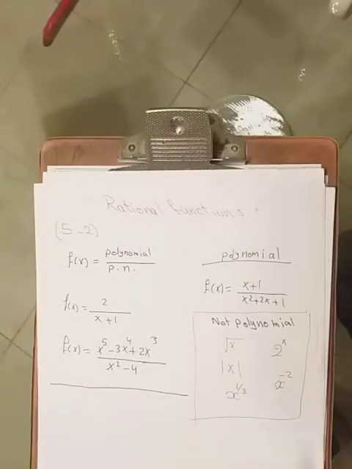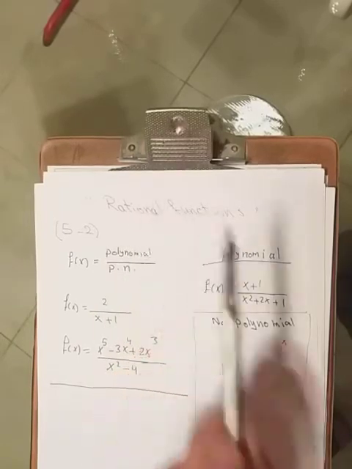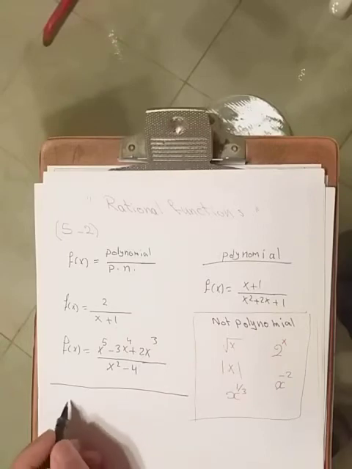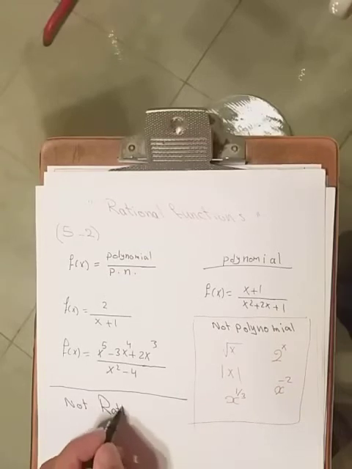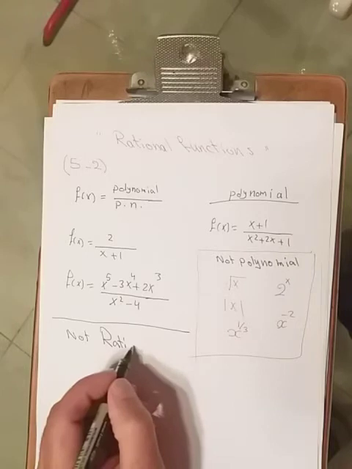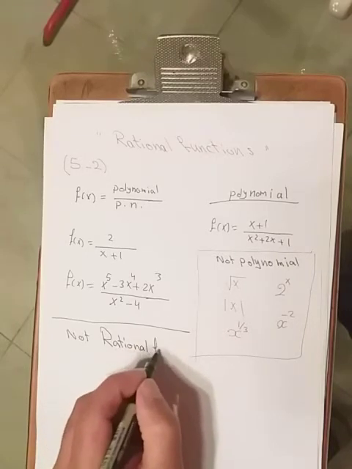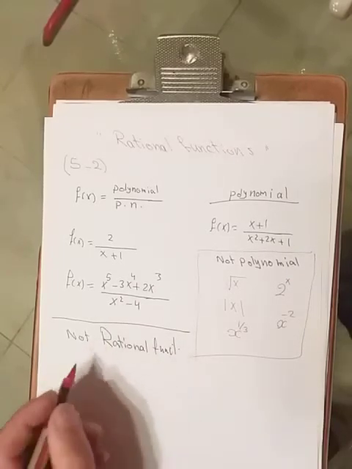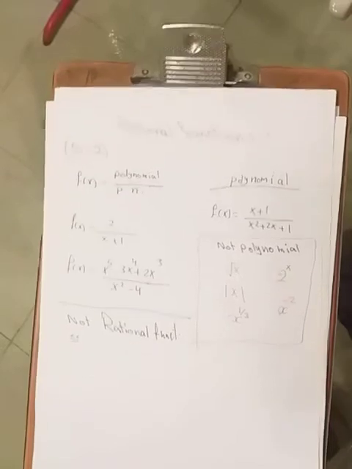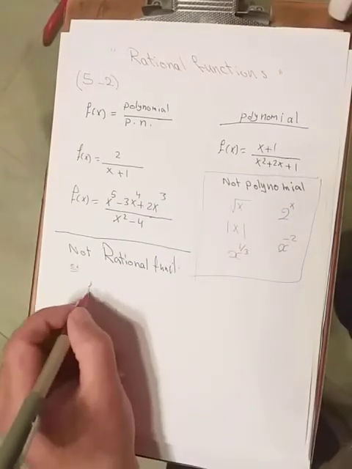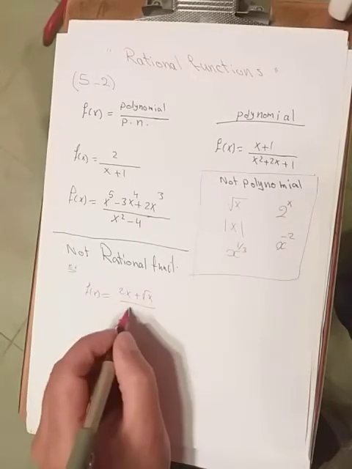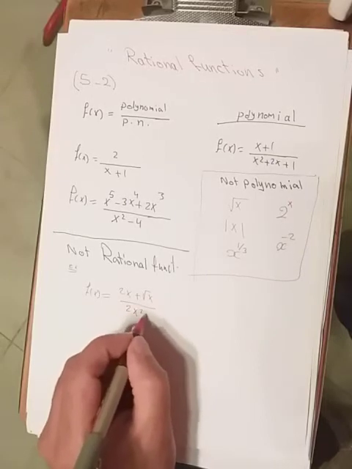Okay. Now you know what a rational function means: polynomial over polynomial. Now an example of what is not a rational function: f of x equals 2x plus radical x over 2x squared plus 1.